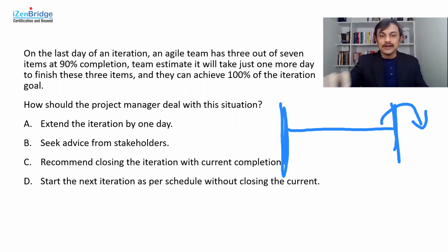That's the whole idea of time boxing. Now, it may look very attractive that I just need 1 day and that can fix all the issues. I can show that we have a 100% iteration goal, because in the absence of that, I may only have 60% or something, assuming all topics are of more or less the same weightage.